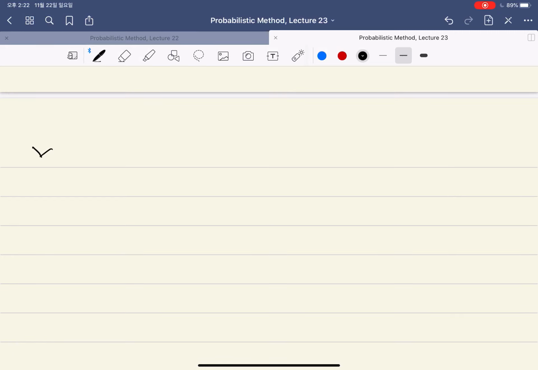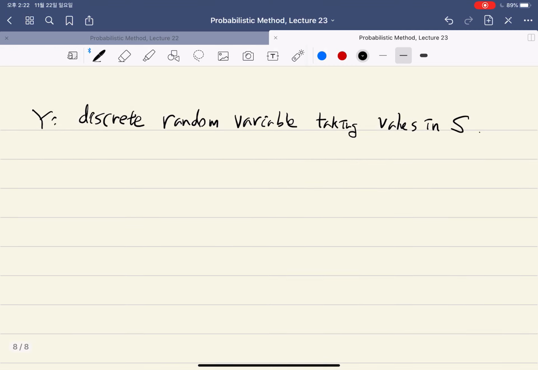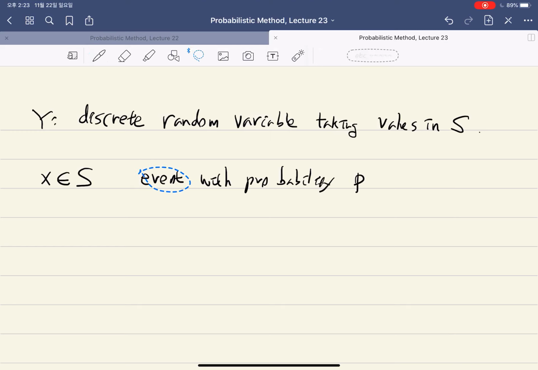Again, let's say Y is a discrete random variable taking values in some set S. Then, by the same idea, we can consider that there is an event X in S with probability, say, P. Let's say this is a discrete event.